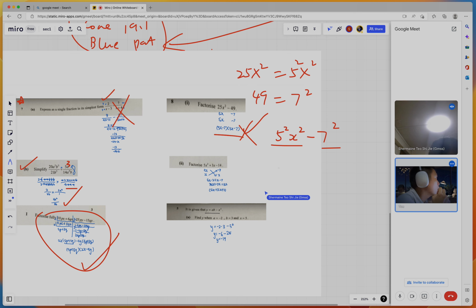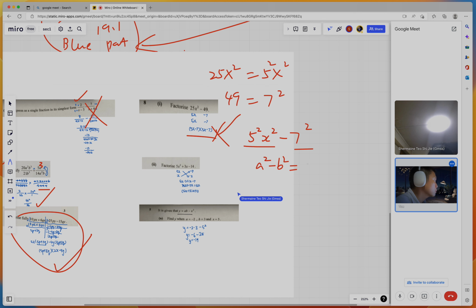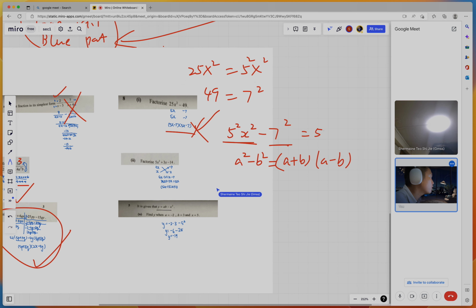You need to use the a squared minus b squared. Correct. And what's the formula? Because of the bracket. Yep. A plus b, correct. A minus b. And therefore, you need to get everything into square first. Once you get everything into square, then your answer is 5x minus 7 and then 5x plus 7. Does it make sense? Yeah. Everything must be square first, before you can do this. So your answer is wrong.